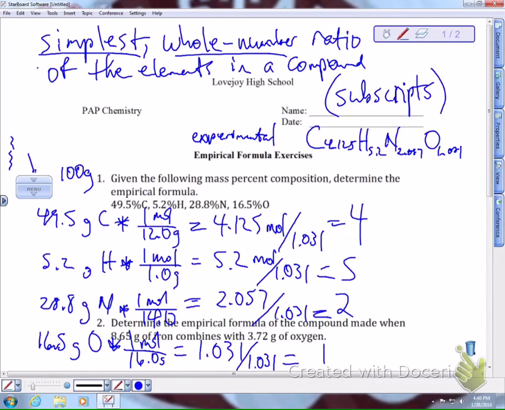The formula is now C4H5N2O1, and we will not write the 1. Now, these are simplified, and as I look at these, they're all whole numbers, so we've actually met both qualifications. So this is the empirical formula for this compound.